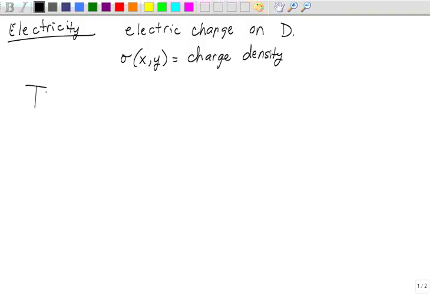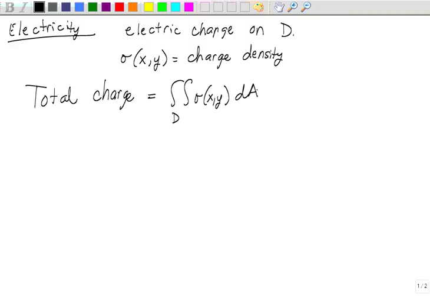And then we say the total charge is going to be the double integral over the charge density, again, times the area of the rectangle. So it's just like the other case where mass was the double integral of density times area.